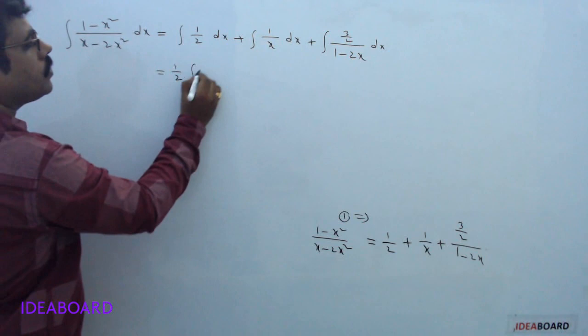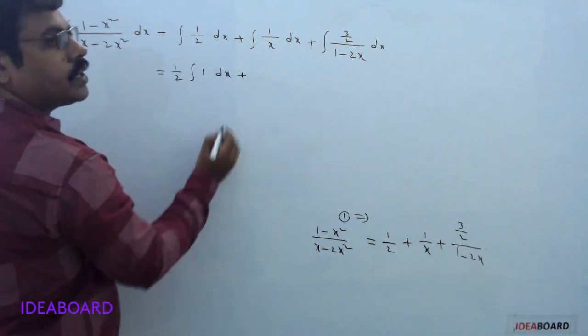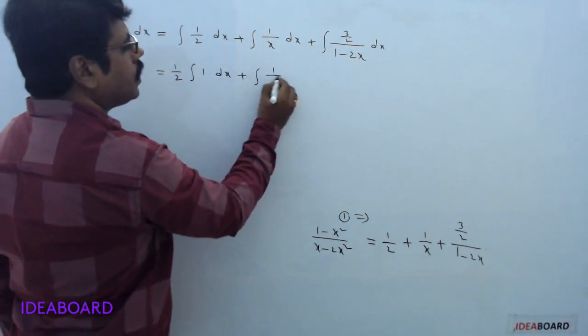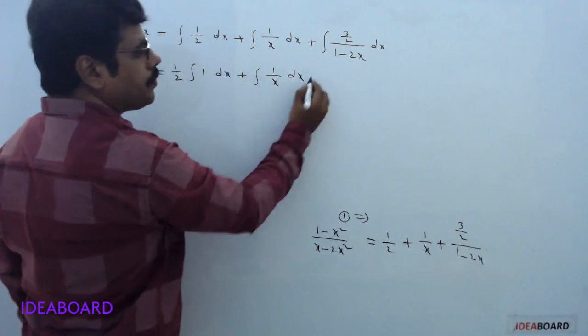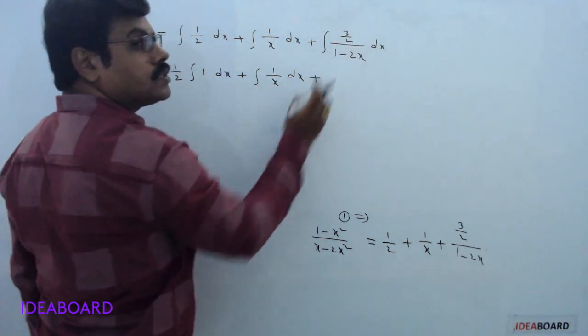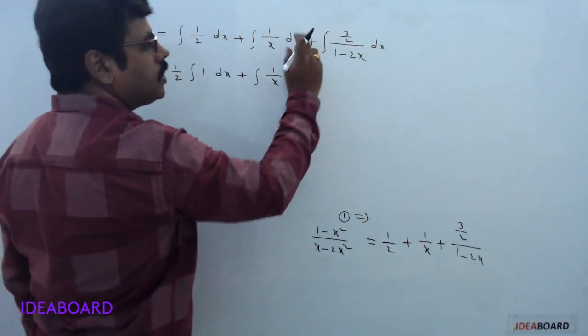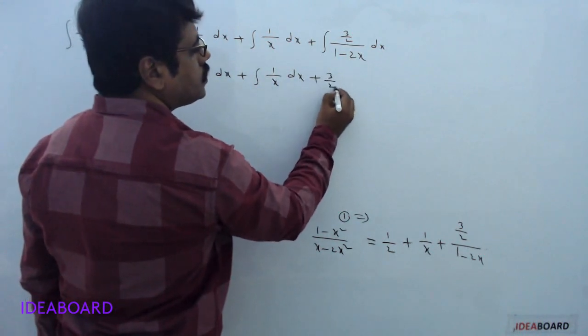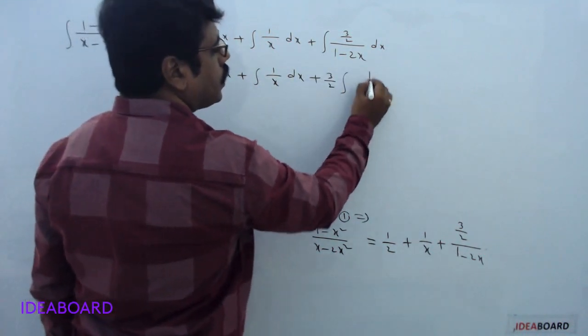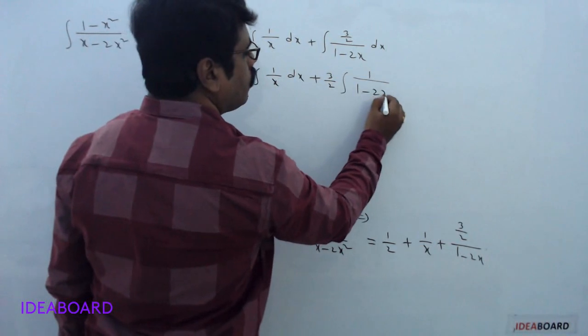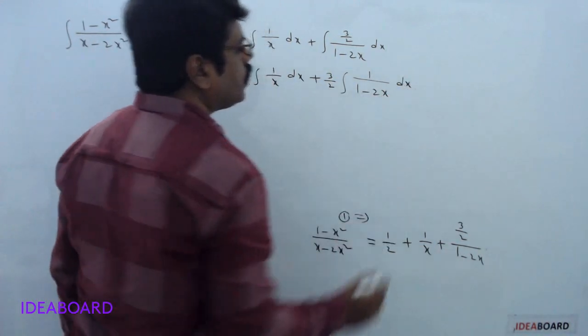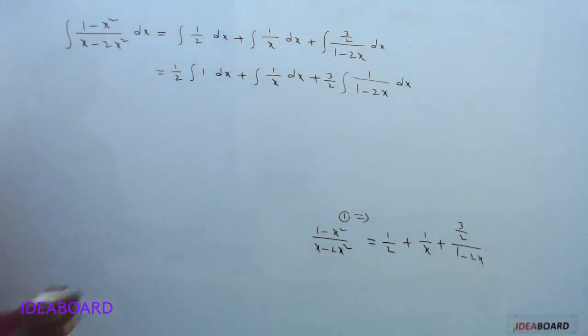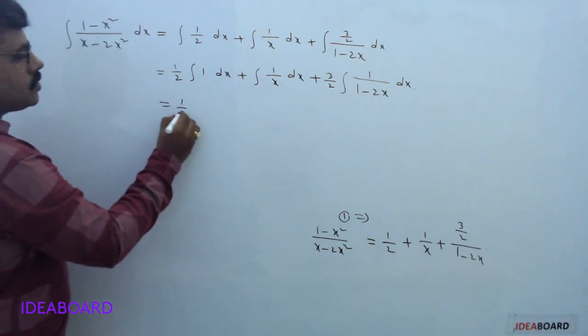This is 1 by 2 into integral 1 dx plus integral 1 by x dx plus, 3 by 2 is the constant term, you can take it outside of the integral. This is 3 by 2 into integral 1 divided by 1 minus 2x dx.